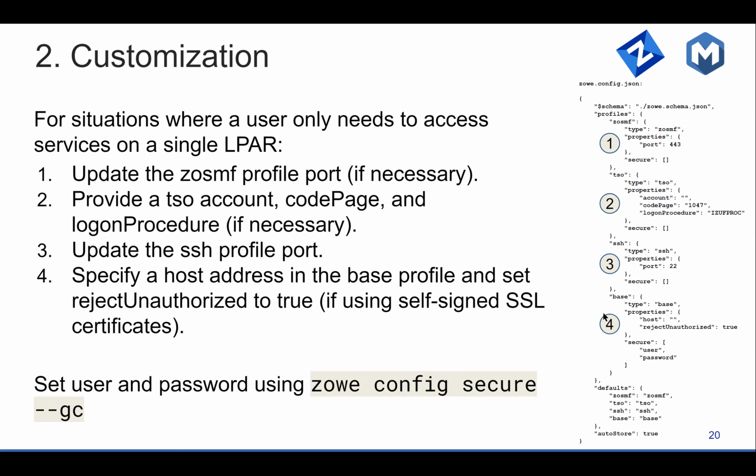And that's really the gist of it when you're starting from Zowe config init. You would also want to run Zowe config secure --gc to update the secure properties stored in your global config.